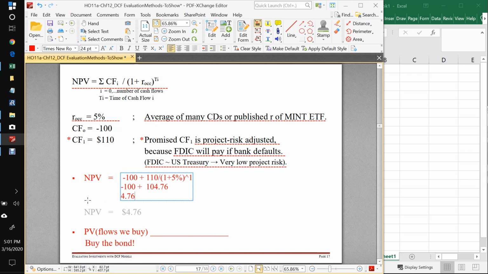All right, so that's what we got here. Our NPV is equal to 4.76. So what does that mean here? Well, a good way to think about this is something like this, okay?